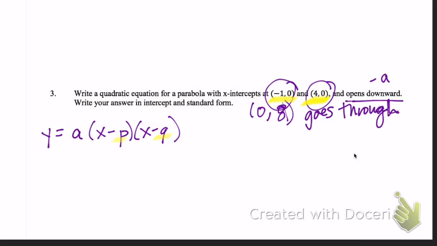So if I'm going to go ahead and plug my x-intercepts in there, I have y equals a. I have an x-intercept at -1, so I'm going to flip the sign, and it would be x plus 1. My second x-intercept is at 4. I'm going to flip the sign, so x minus 4.